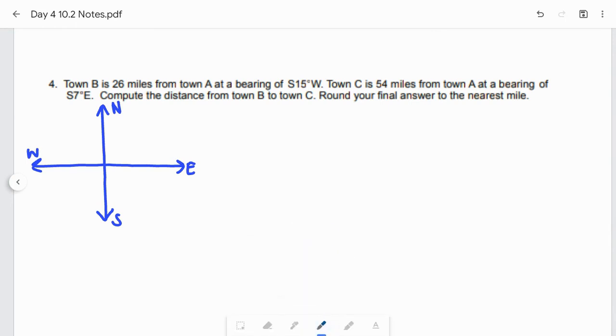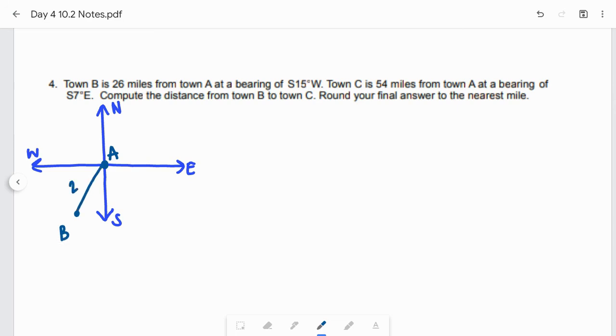We are given information about town B and town C, so let's go ahead and let town A be at the origin. So now town B is 26 miles from town A at a bearing of south 15 degrees west. So that means I am going south first, and then I'm going west 15 degrees. So it's going to be somewhere over here.